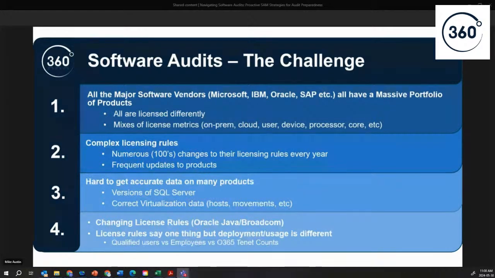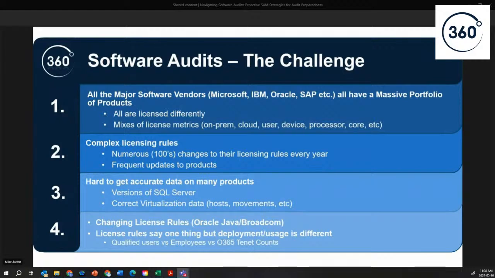And then there's the constant changing of the licensing rules. So I talked about the complexity, but if you look at the vendors are changing the licensing rules and using that as a threat to force you to buy certain things or under the threat of being audited, right? So, if you look at Oracle with what they've done with Java, they changed from a named user and a processor model to a per employee model that is way more expensive.